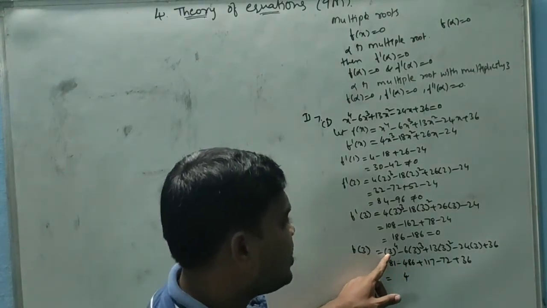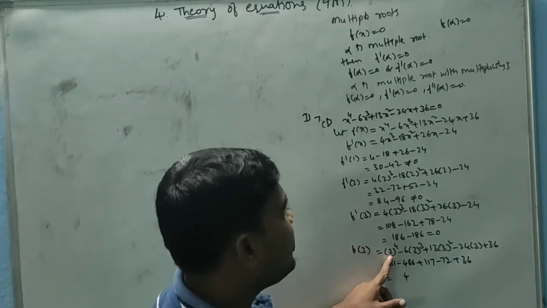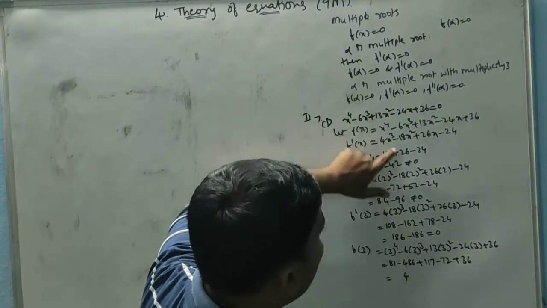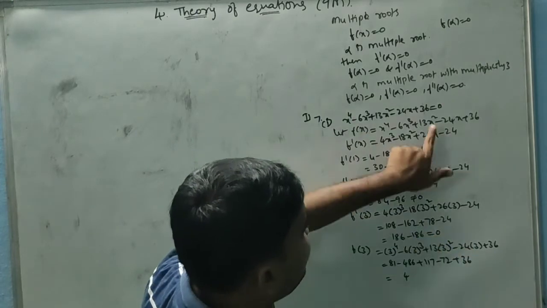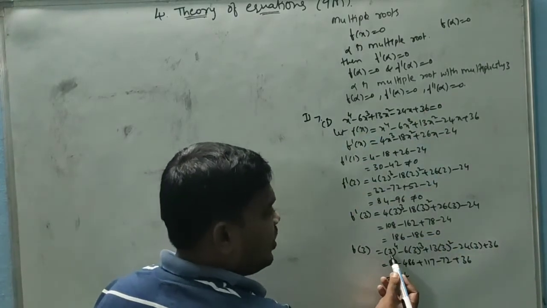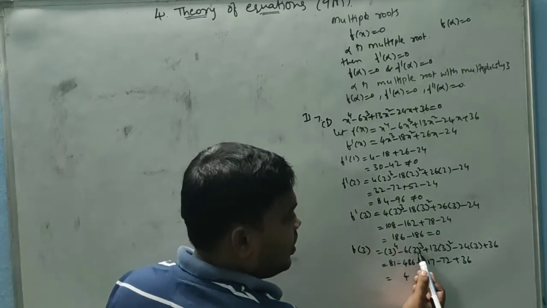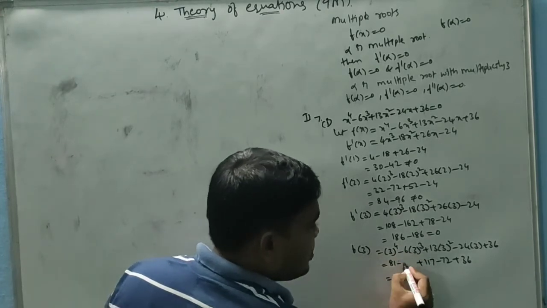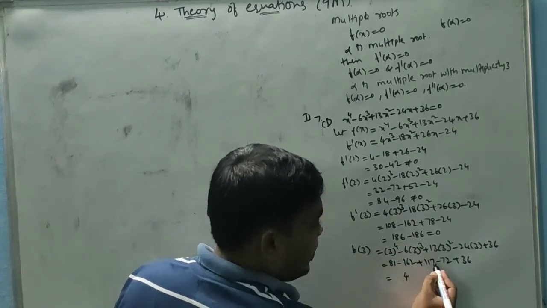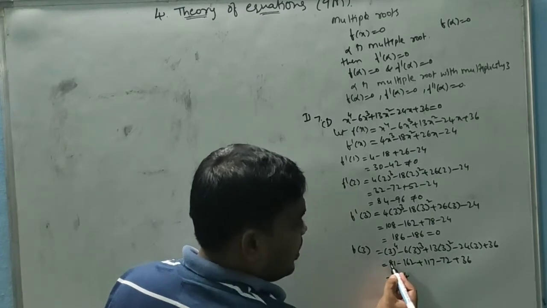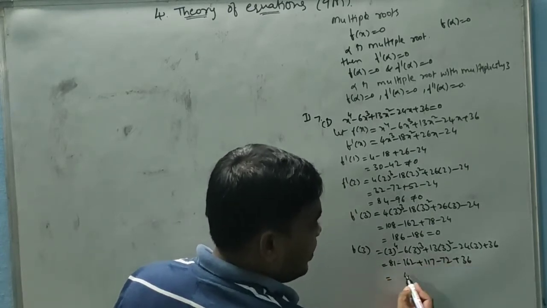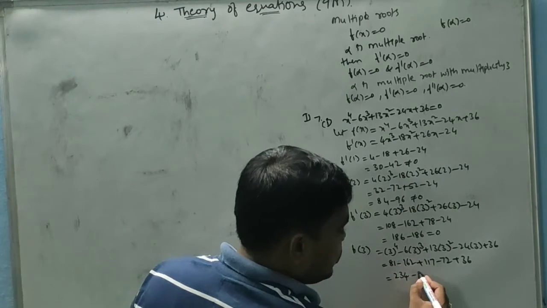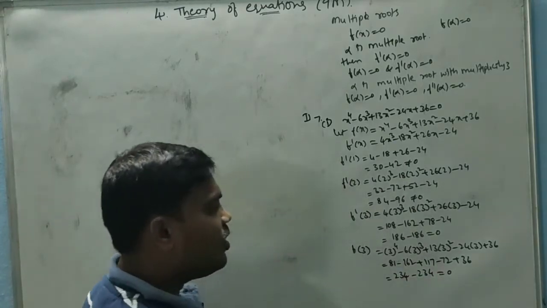Now one more time I want to check. 3 power 4 minus 6 of 3 cube plus 13 of 3 square minus 24 into 3 plus 36. 3 power 4: 3 into 3 is 9, into 3 is 27, into 3 is 81. 3 cube 27 into 6, so this went wrong, it is 162. Adding up, minus 162, minus 234. 234 minus 234 is 0.